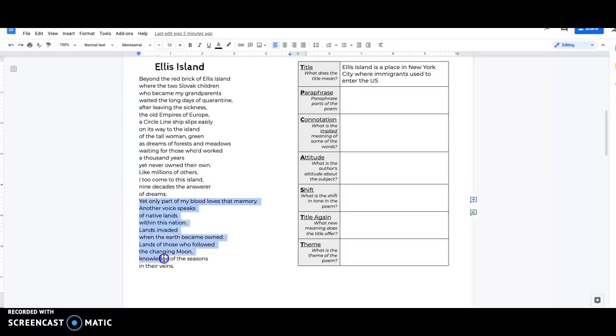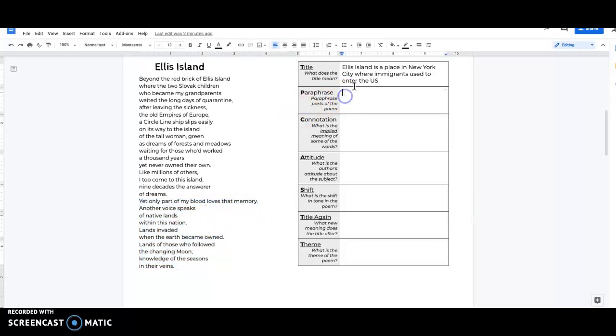And then there is a shift that changes to him talking about, well, it was great for one set of my ancestors, the ones who came from Europe, because they were able to escape quarantine and sickness and come to a better place. However, the other half of my ancestry is Native American. And they did not love Ellis Island because that meant that a bunch of people were coming uninvited to take their land.